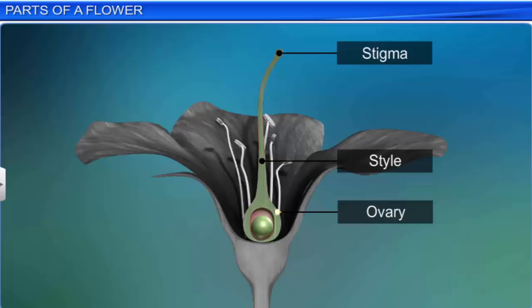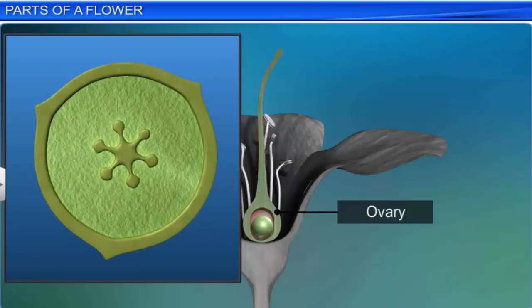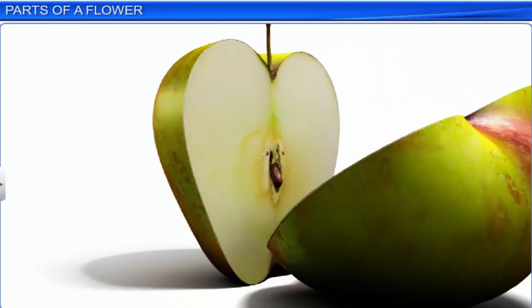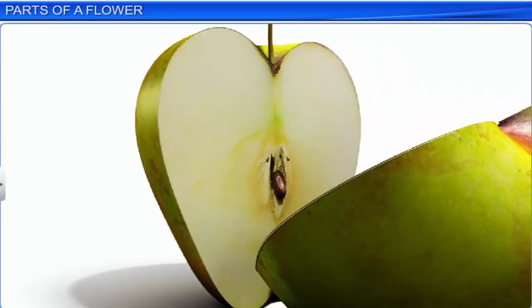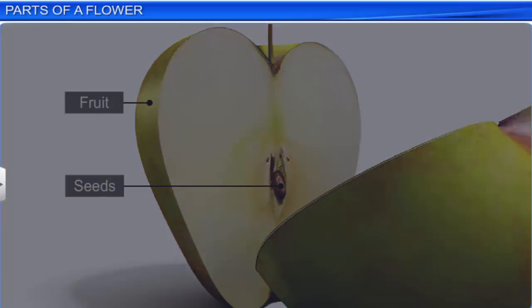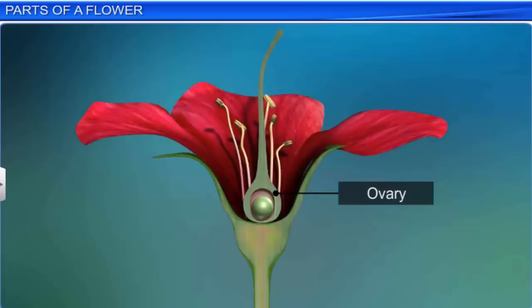An ovary is the enlarged basal part and bears 1 or more ovules, which are attached to a placenta that is soft and flat. Once fertilization takes place, the ovules form the seeds and the ovary develops into the fruit. The arrangement of ovules within an ovary is called placentation.